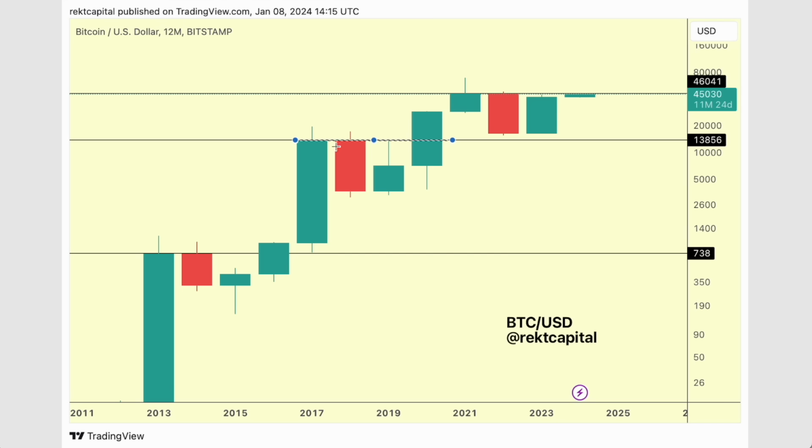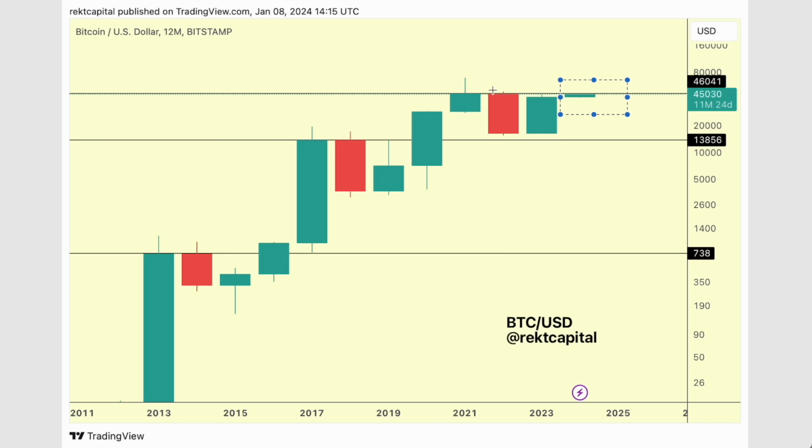So each 4-year cycle has a 3-year resistance, which rejects price in candle 1, 2, and 3. And then in the 4th year, the final year of the 4-year cycle, we break beyond this resistance. And this has been the case time and again. This was a 3-year resistance. In this candle 3, we never really quite touched this resistance, but we broke beyond it in that candle 4.